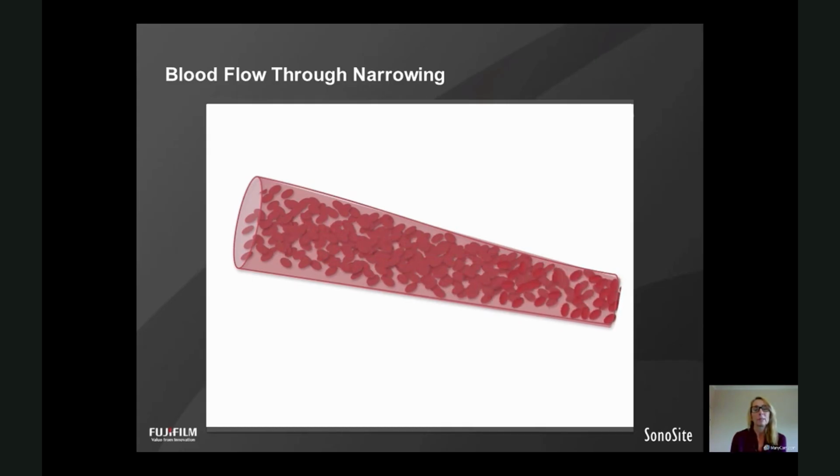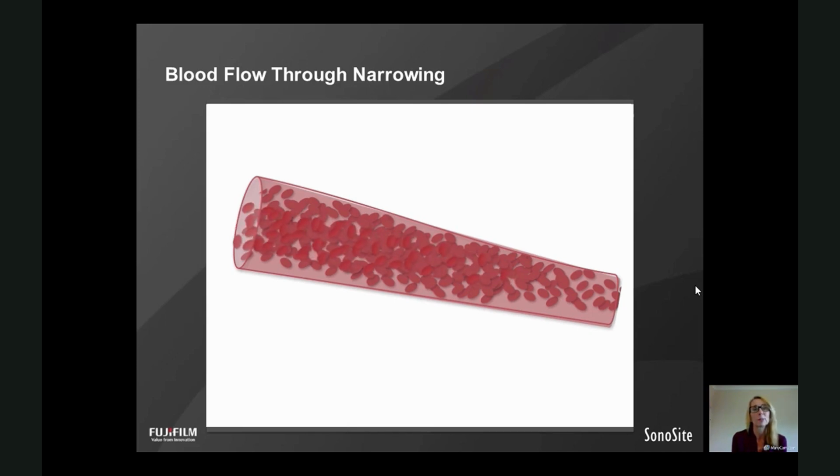So if you look at this vessel here, you can see that the lumen narrows and the blood then is running through this vessel, and it won't change. If 400 mils is running in, 400 mils has to run out, otherwise the vessel would dilate and explode. So the volume flow will remain unchanged.